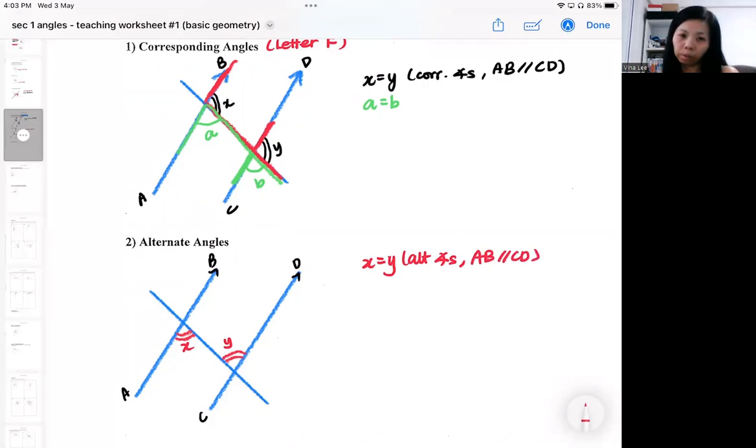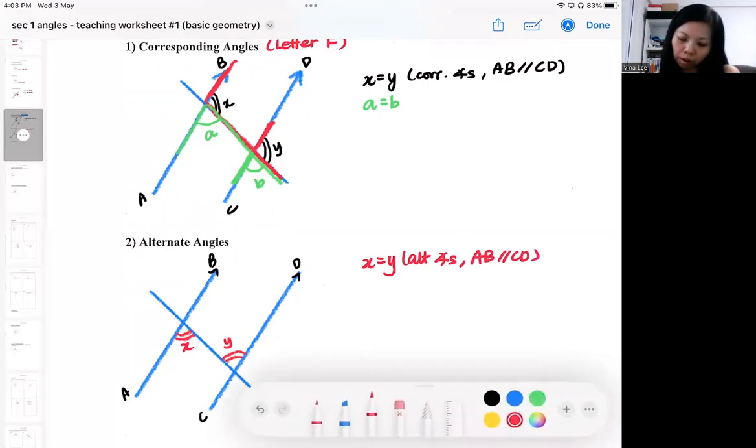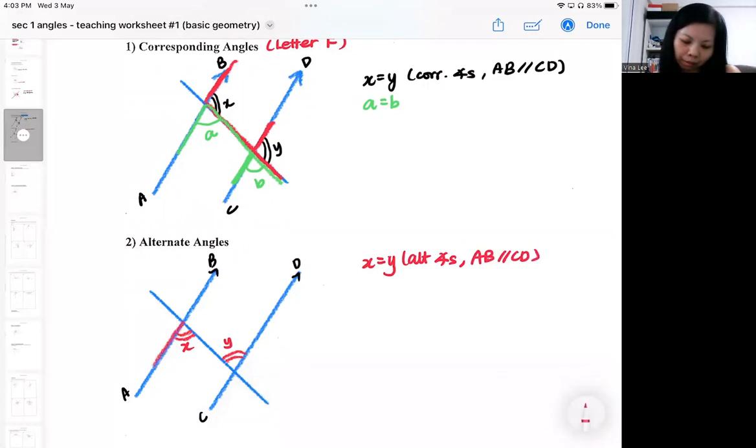Why is that alternate angle? Because it actually forms a letter Z. So you can use the letter Z to help you remember alternate angles.